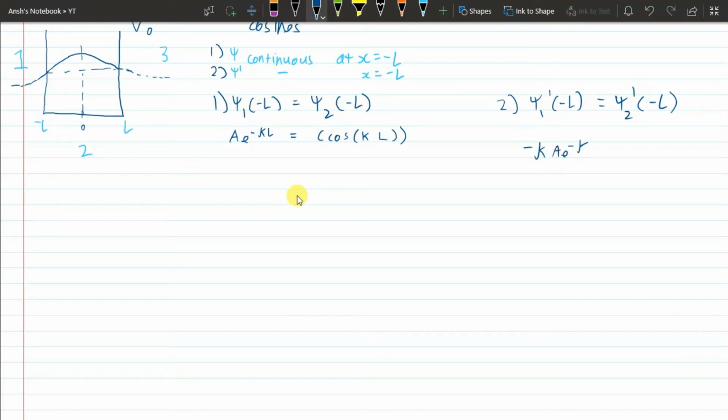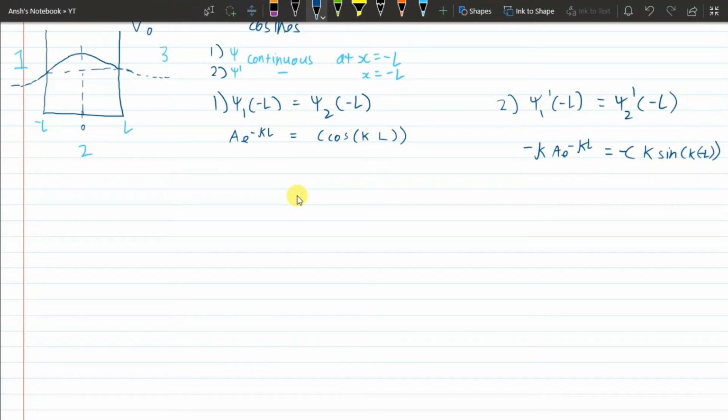Here I'll be directly differentiating and substituting x equals minus L. But what you need to do is differentiate psi1 with respect to x, and then substitute x equals minus L. So what you will be left with is minus kappa a e raised to minus kappa L equals c k sine k minus L, and there will be a minus c because the differential of cos is a minus sign.